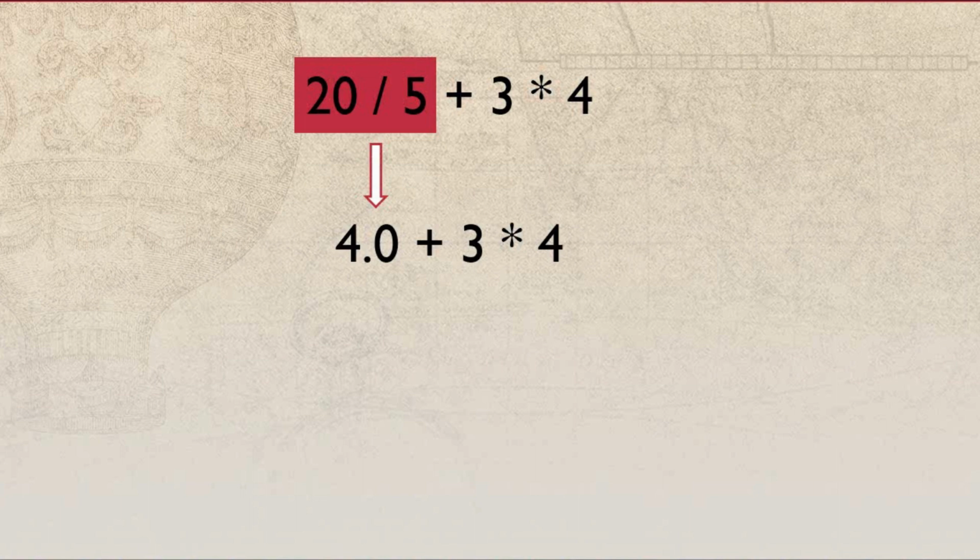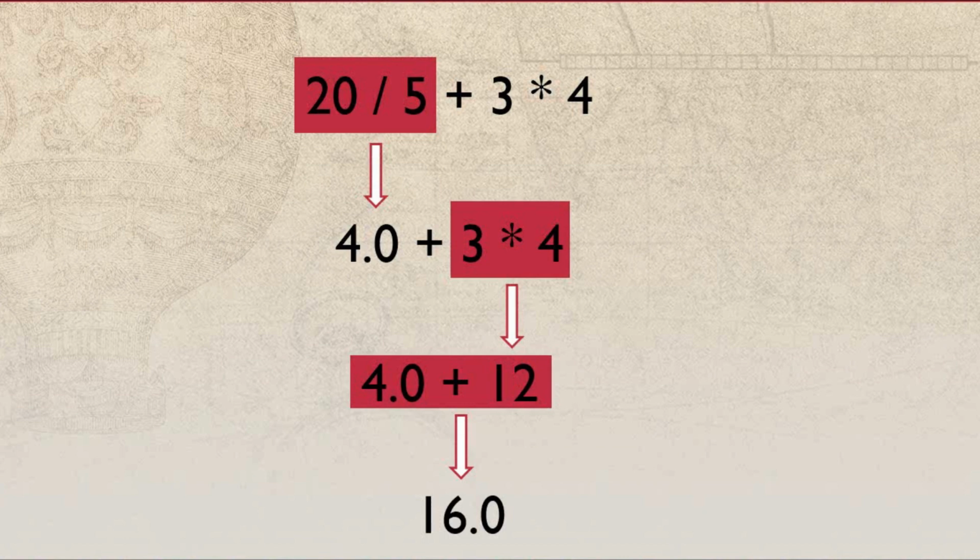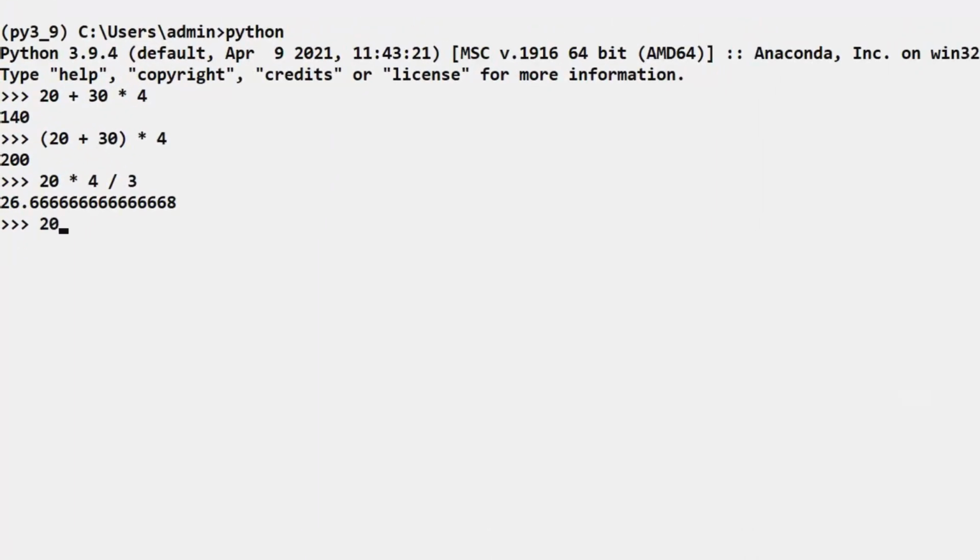Among addition and multiplication, multiplication has higher precedence, no doubt about it. So that will be evaluated. 3 multiplied by 4, we will get 12. Then that 12 will be added to the floating point number 4.0. Finally we will get another floating point number, 16.0. Let us check the same expression in the command prompt. 20 divided by 5 plus 3 multiplied by 4. Then we got 16.0.